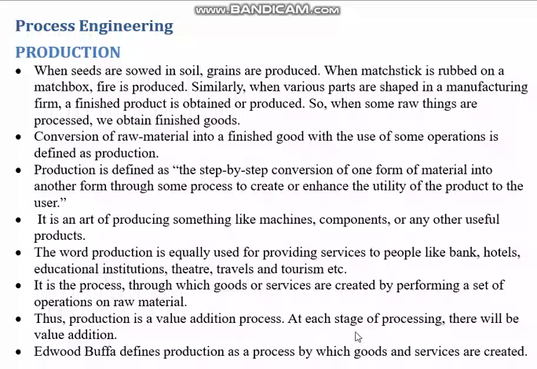Uncut vegetables and cut vegetables: cut vegetables can be used immediately, so they have more value compared to uncut ones. And when you cook it, as it progresses towards the end, the value is gradually increasing.